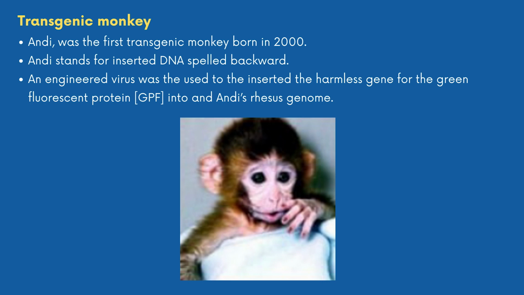Andy stands for inserted DNA spelled backward. An engineered virus was used to insert the harmless gene for the green fluorescent protein into Andy's genome. Andy proved that transgenic primates can be created and can express foreign genes delivered into their genome.